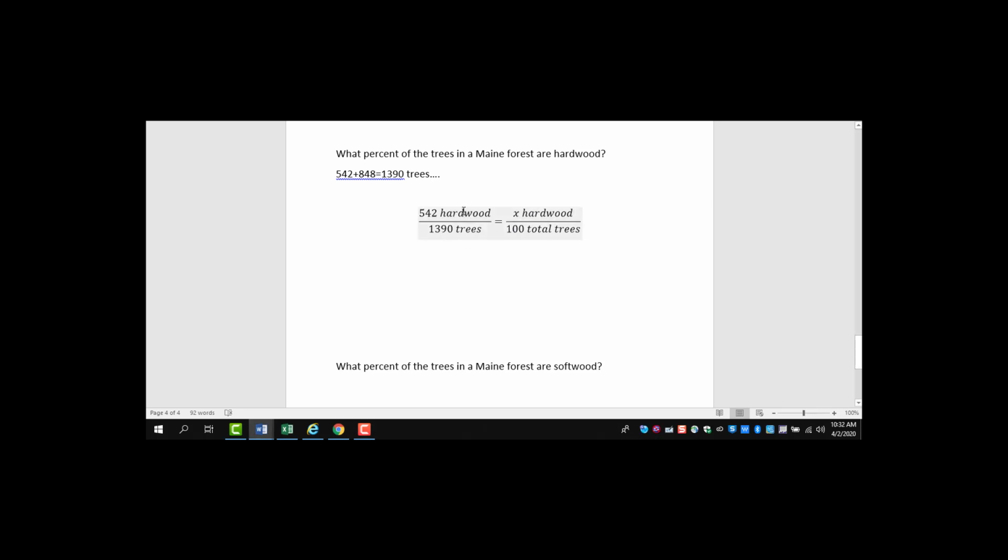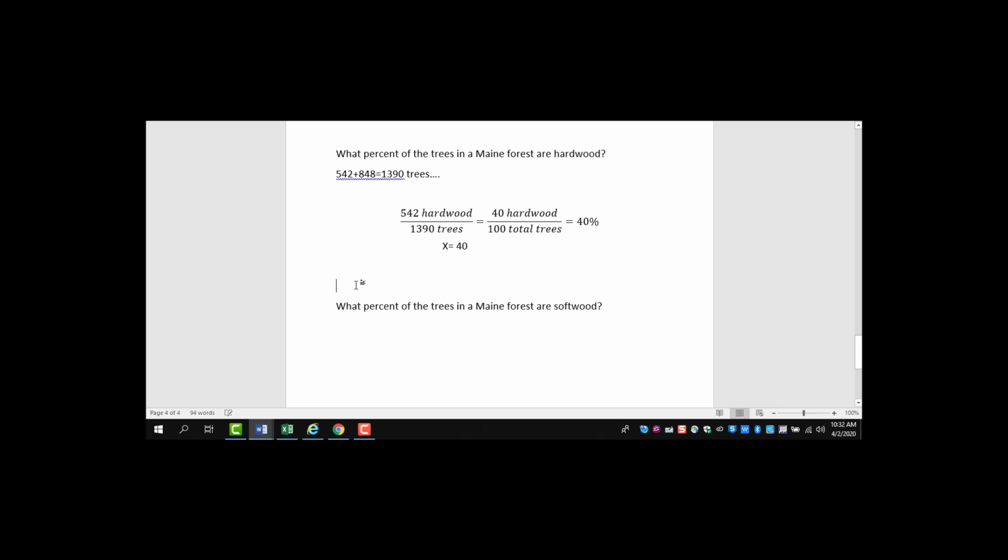And obviously I'm not going to go through the cross multiply and divide. You know how to do that, hopefully. And it comes out to x is 40. So that goes here like this. And we wind up with 40, that's 40%. So 40% of the trees in a Maine forest are hardwood.